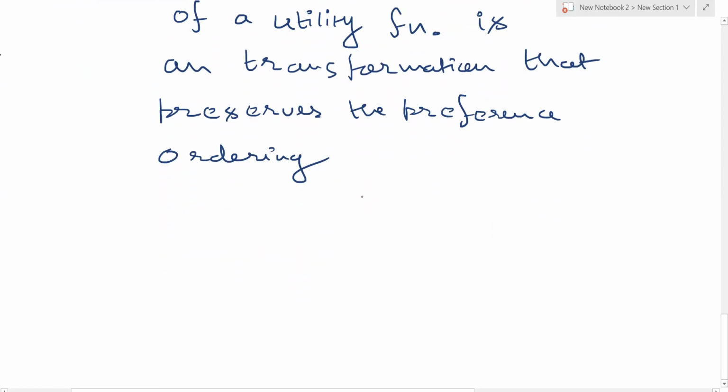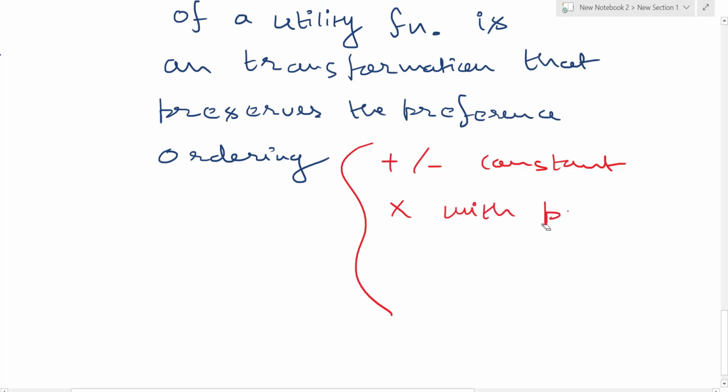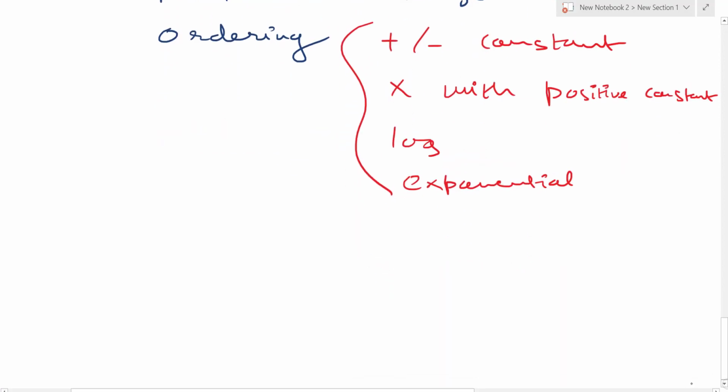The examples are: adding or subtracting a constant; multiplying with a positive constant; a logarithmic transformation, so log; and the last one is exponential. These are a few examples of monotonic transformations.